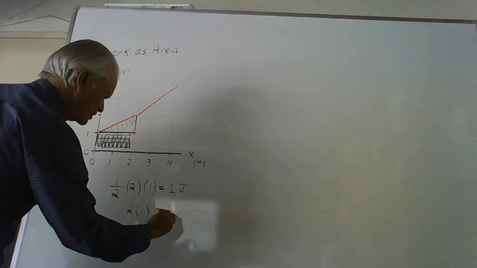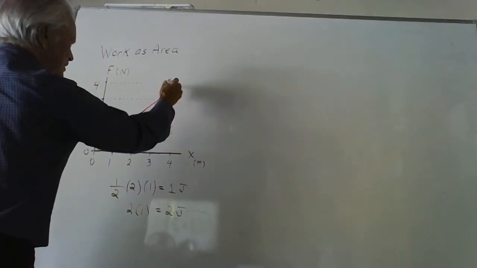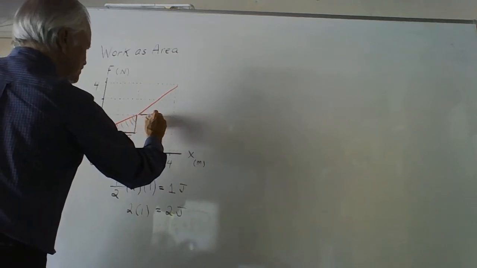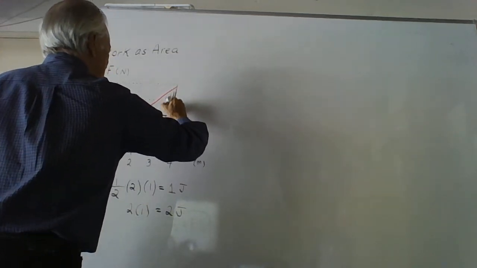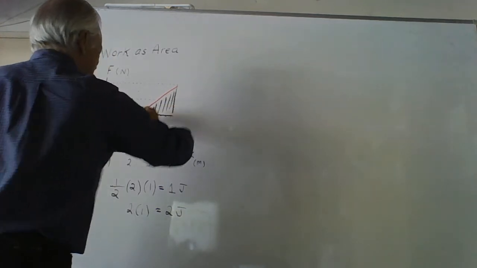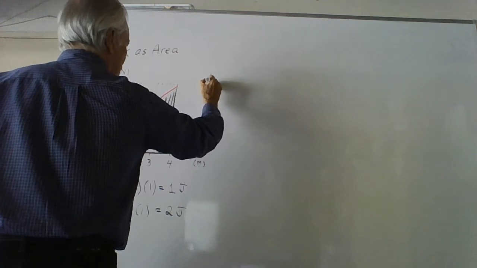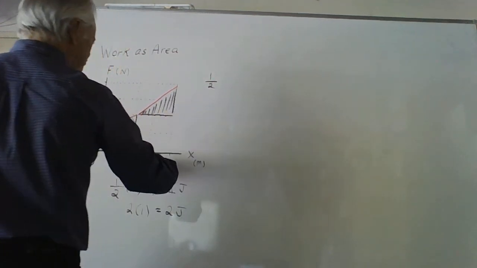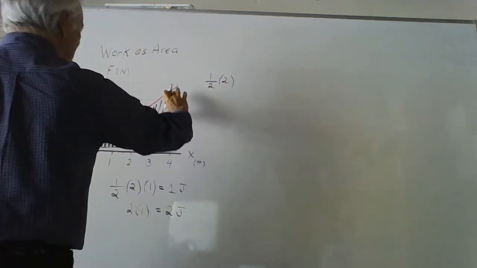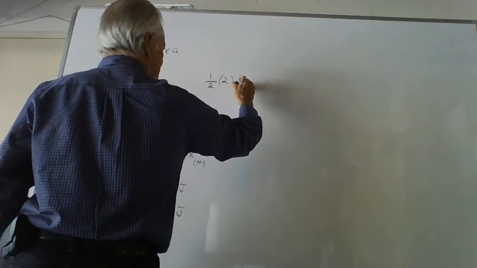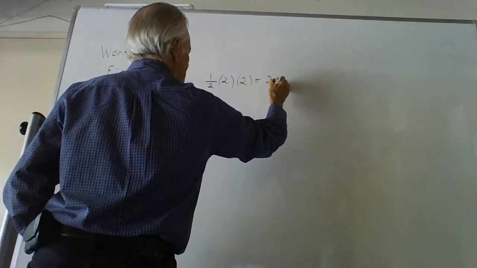or 2 more joules. Then we've got the area under this portion of the curve, which is the sum of these two areas. The area of that triangle, I'll put it up here, which is 1/2 the base, which is of length or width 2, times the height, which is 2, for a total of 2 joules.